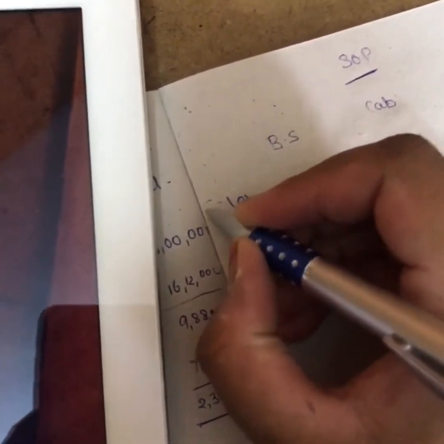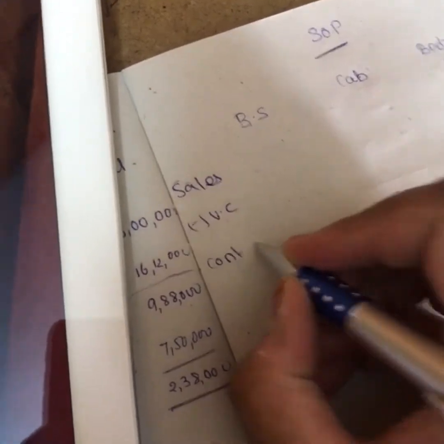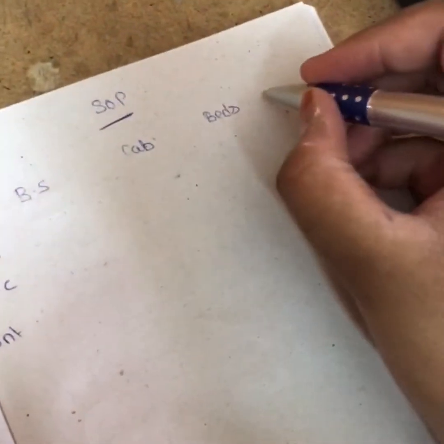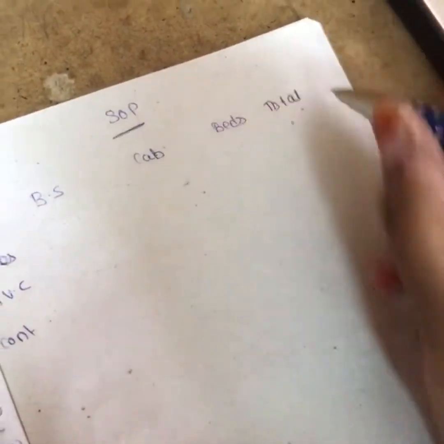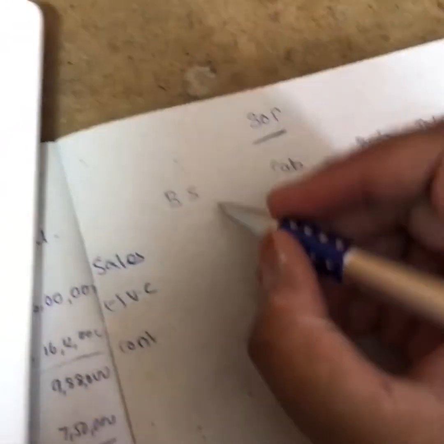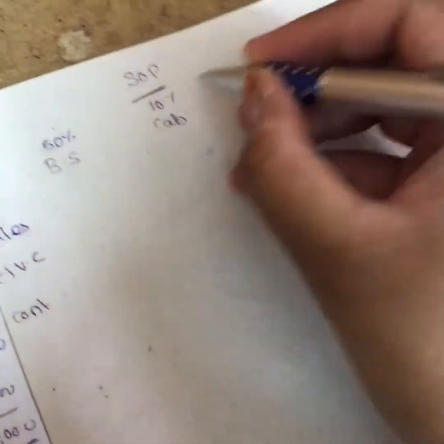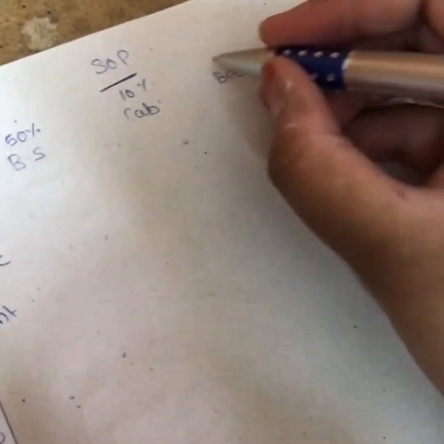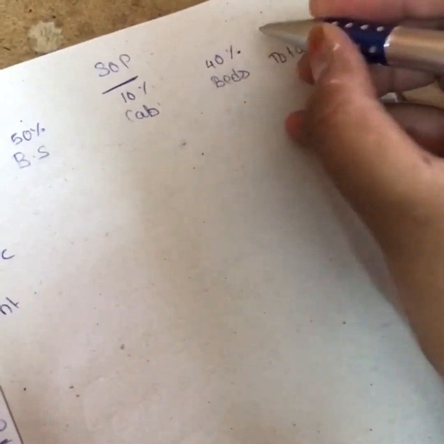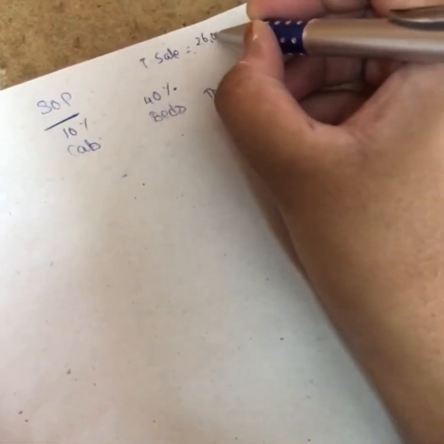sales minus variable cost will give you contribution. Since they have given total fixed cost, I'm going to add one more column, that is total. So sales percentages: for bookshelf it is 50%, for cabinets it is 10%, and for beds it is 40%, and the total sales given in the question is 26 lakhs.